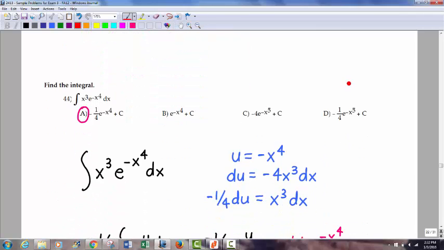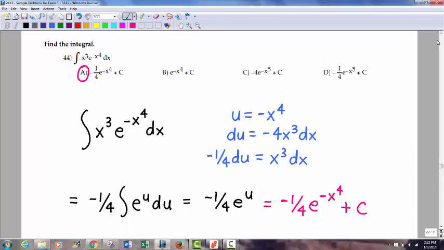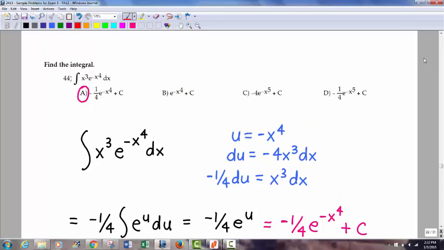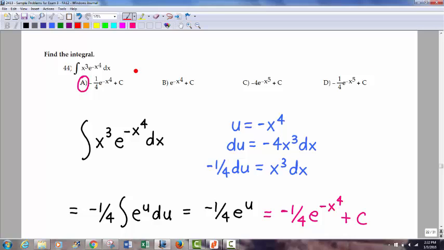Okay. Integrate. Anytime you integrate something with e, this won't always be true, but the first thing you look for is maybe u is going to be the exponent. That'd be the first thing you want. Because if you get an integral into the integral of e to u du, that might be the easiest possible integral you could ever have, because you don't even have to do n plus 1 and divide by n plus 1.